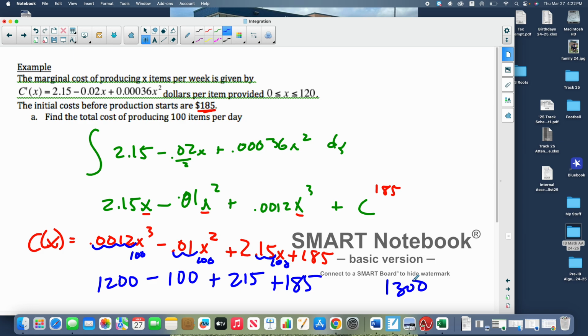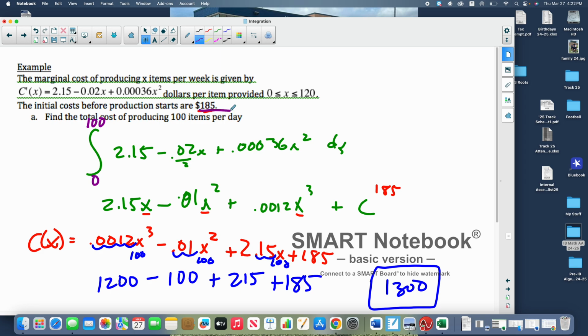Okay. Now, that's one way to do this problem. I'm going to show you another way to do this problem as well. If I use my technology to do this, what we're doing on this problem is, if we start off at 0 and go to 100, then if I start at 0, it should be $185.